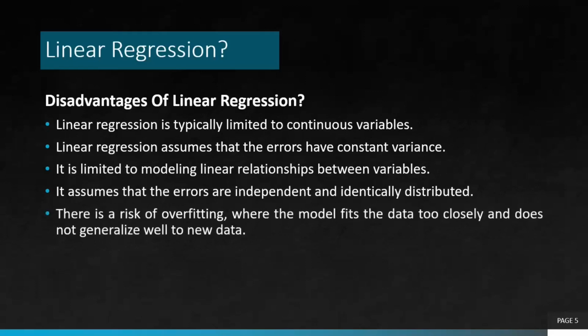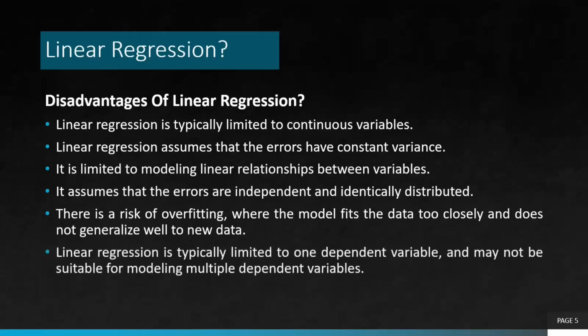There is a risk of overfitting as well, where the model fits the data too closely and does not generalize well to new data. Lastly, linear regression is typically limited to one dependent variable and may not be suitable for modeling multiple dependent variables.